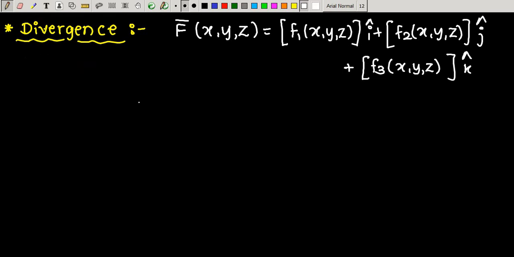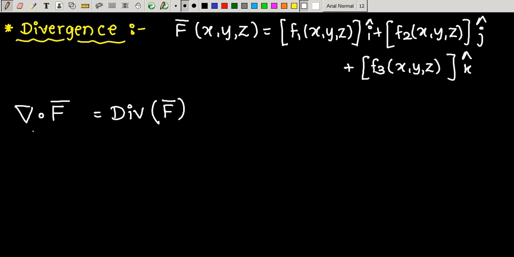Then, if we operate this vector differentiation operator on this vector function f bar scalarly, we get the divergence of the vector function f bar.